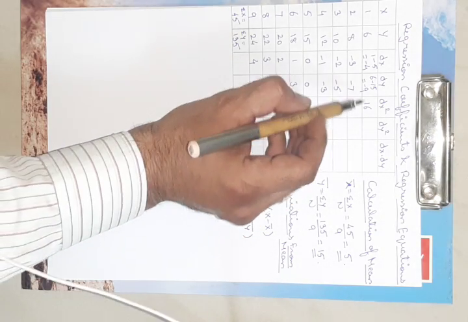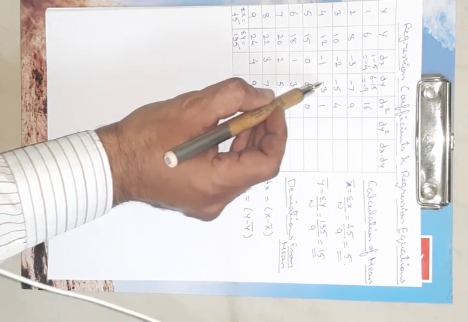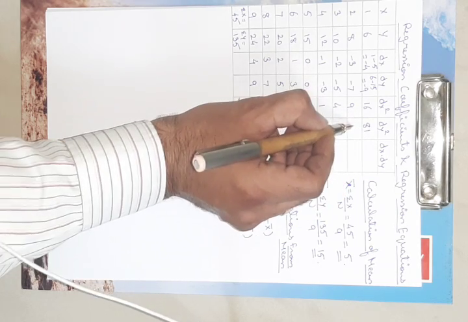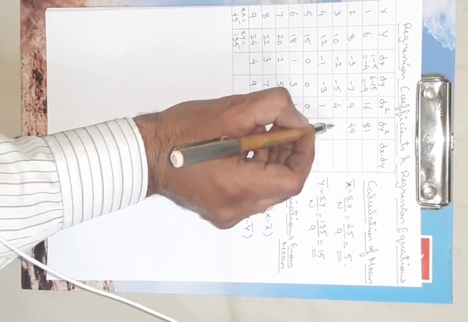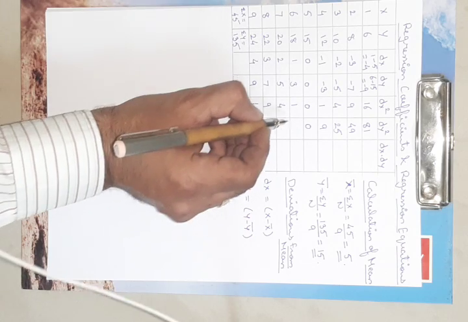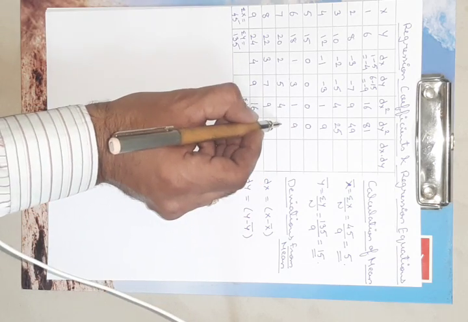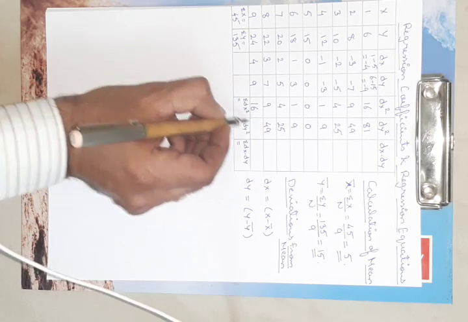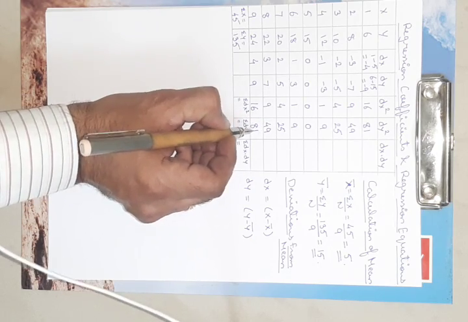Similarly we calculate the square of column number 4, that is dy square. So minus 9 square is 81, then 49, 25, 9, 0, 9, 25, 49, and 9 square, that is 81.